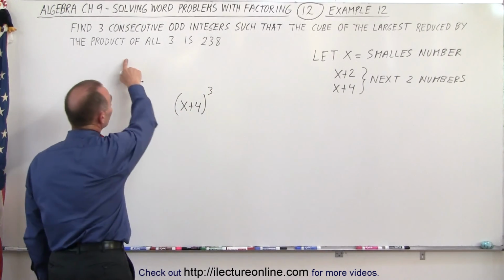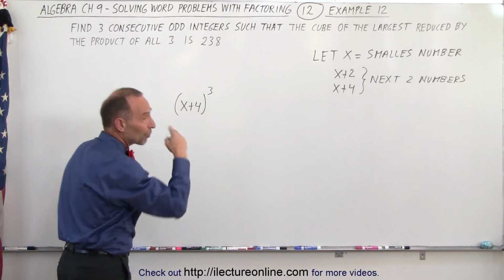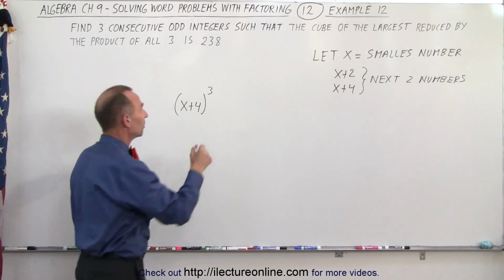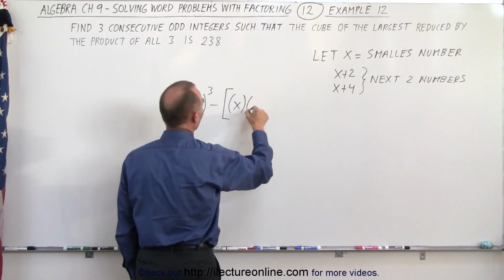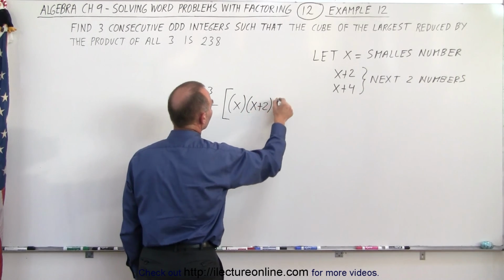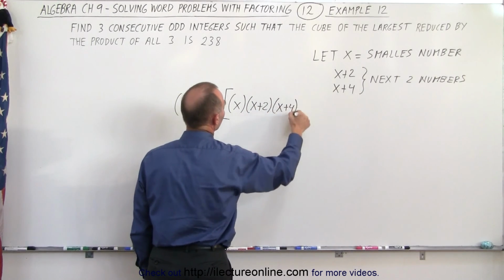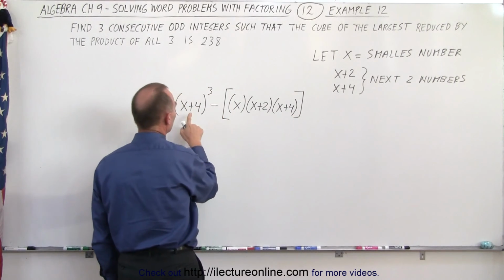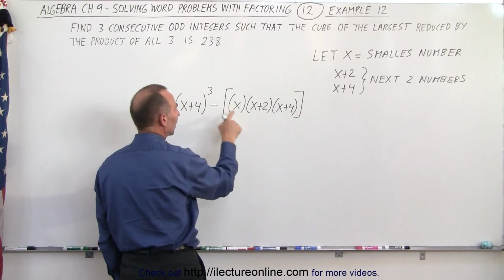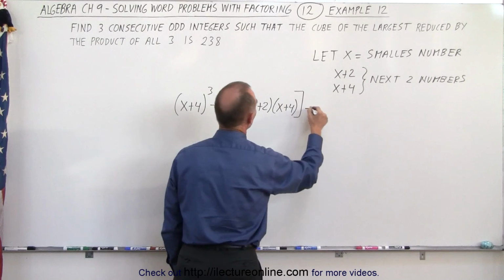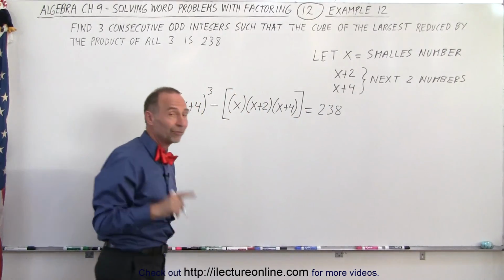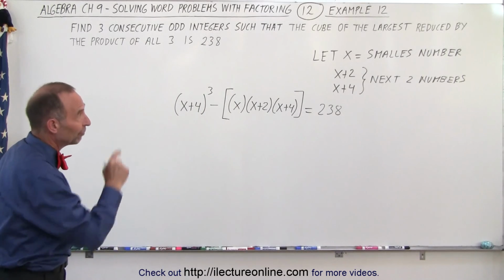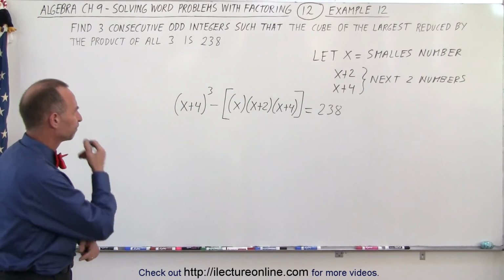And then if that cube is reduced by the product of all 3, that means minus the product of all 3, that will be x times x plus 2 times x plus 4. And so when we take the cube of the largest and reduce it by the product of all 3, that should then be equal to 238. And so all we have to do is solve that for x, and then we'll find the 3 numbers.